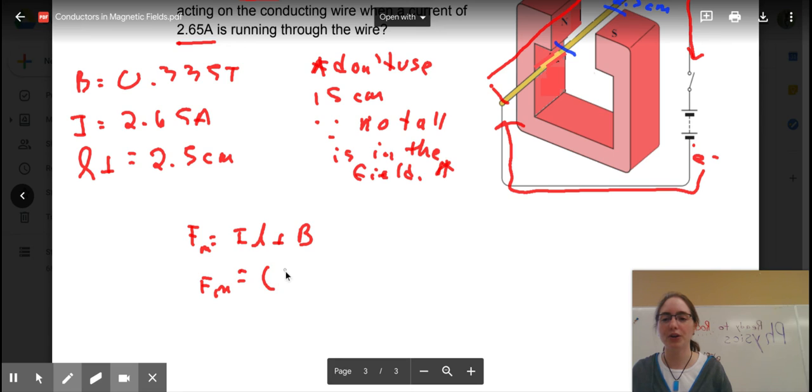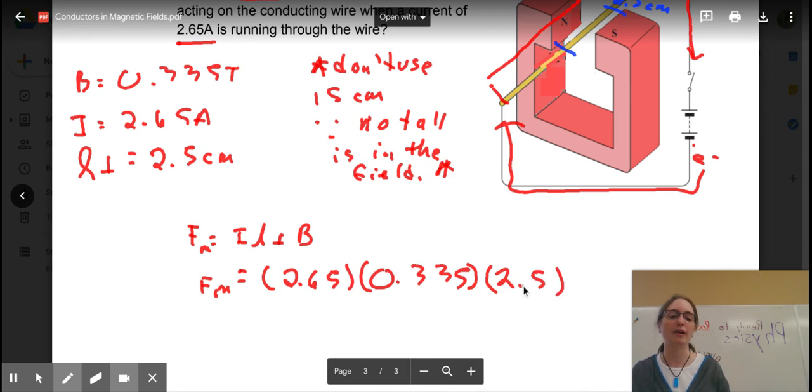Our current is 2.65 amps. Our B is 0.335. I'm going to make a mistake here. I'm going to ask you what it was. I'm then going to put 2.5 here.